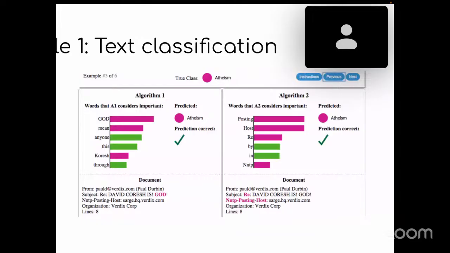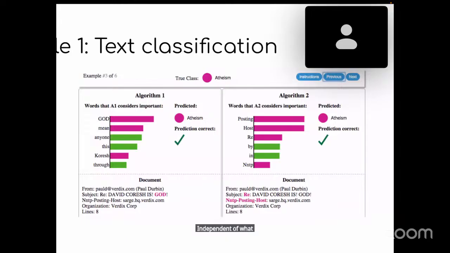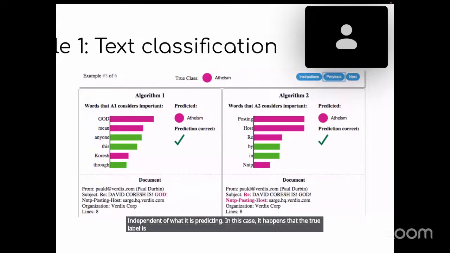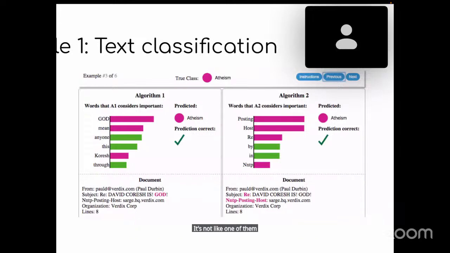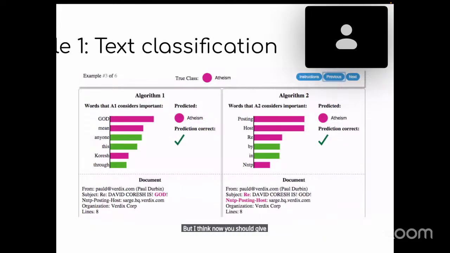Yes, sir. But on the other hand, don't you think the words related to God and Christianity should be given more importance, independent of what it is predicting? In this case, it happens that the true label is atheism. Both the algorithms are predicting the true label. It's not like one of them is correctly predicting and the other is not. Both of them are correct. But now you should give more importance to what features it is looking for, right?